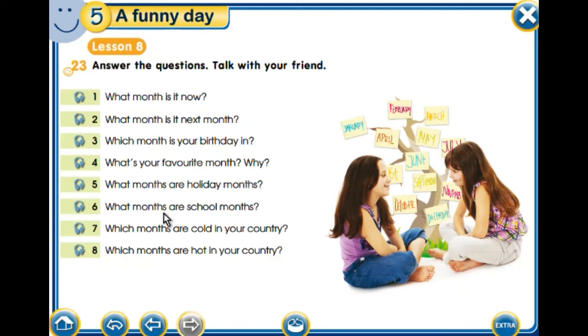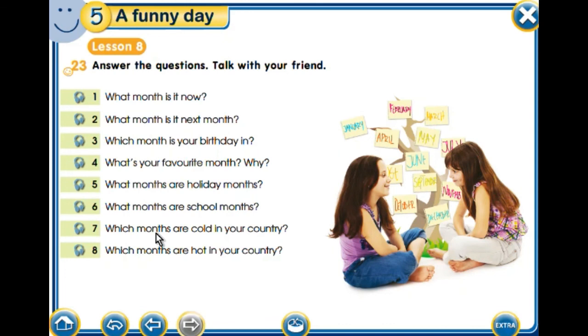What months are school months? The months when you go to school. The school months are September, October, November, December, January, February, March, April, May, June.